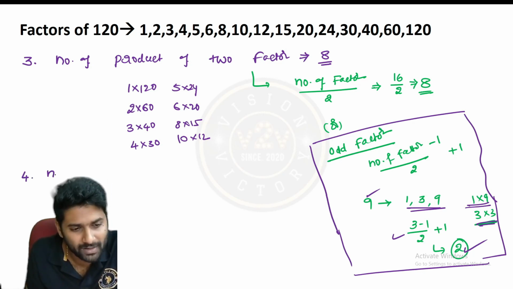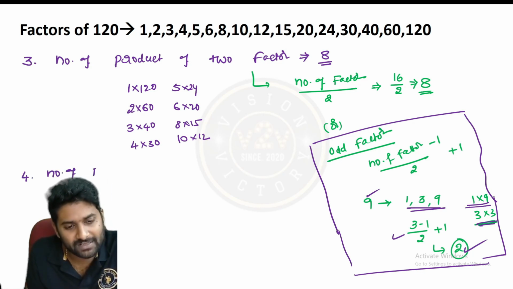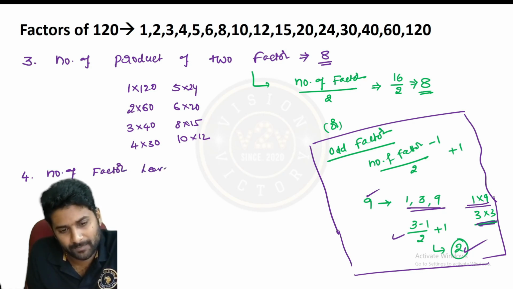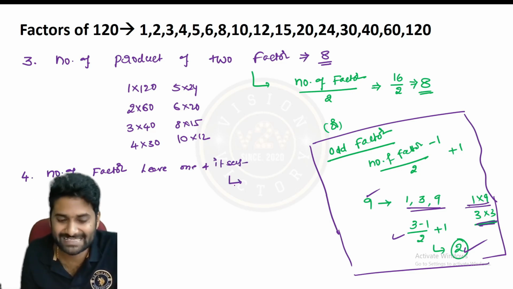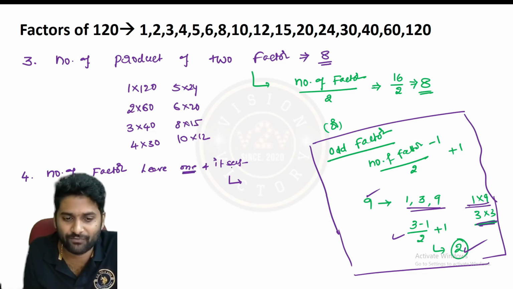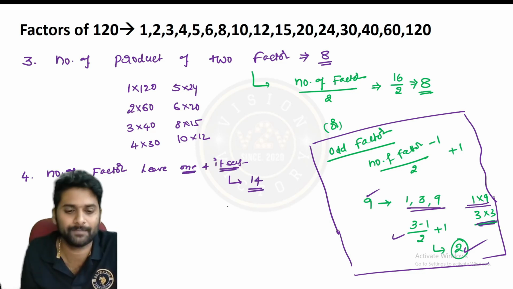Question number 4. Number of factors leave 1 and itself. You already know how many factors there are for 120: 16. But they clearly mention to leave 1 and itself, so you have to choose option 14.